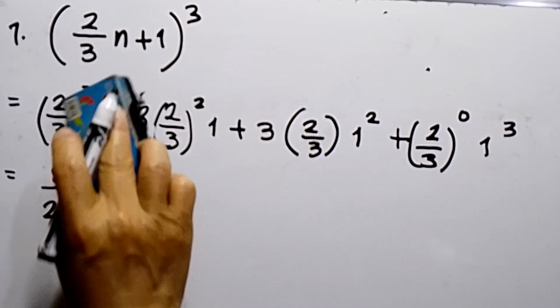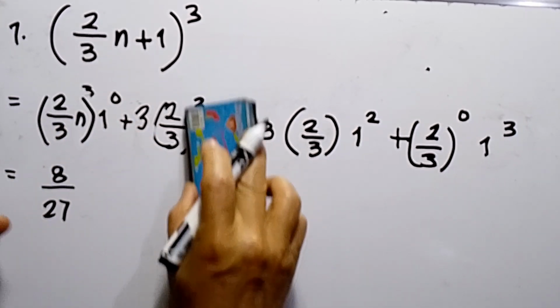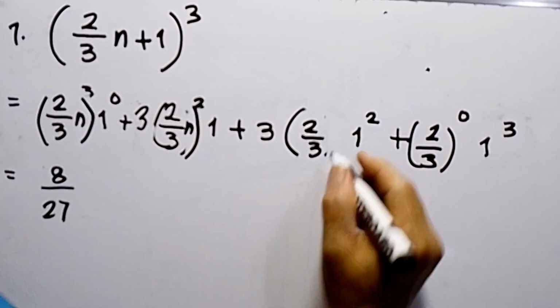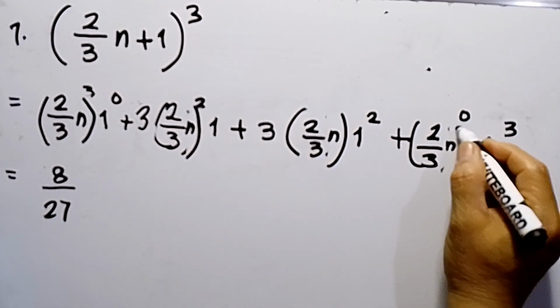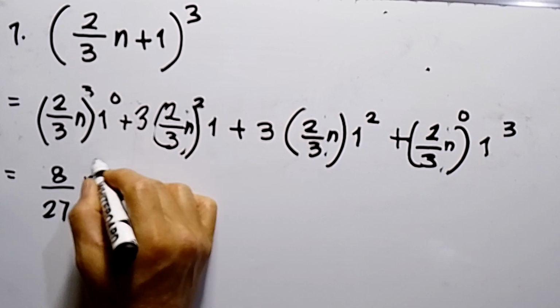I forgot to write n in here, sorry. I missed the variable here also, and this one also. Okay, so this will be n cubed.